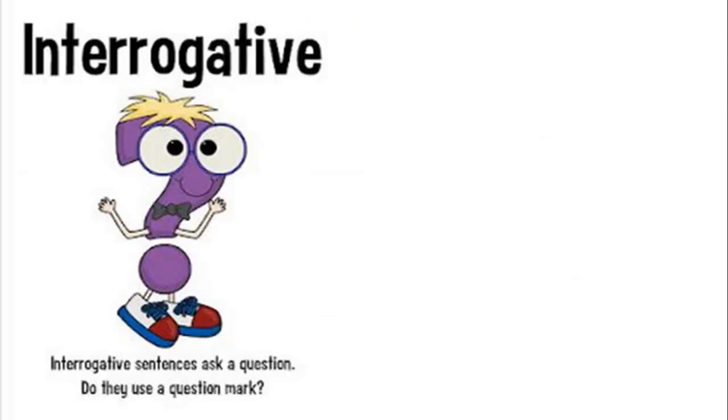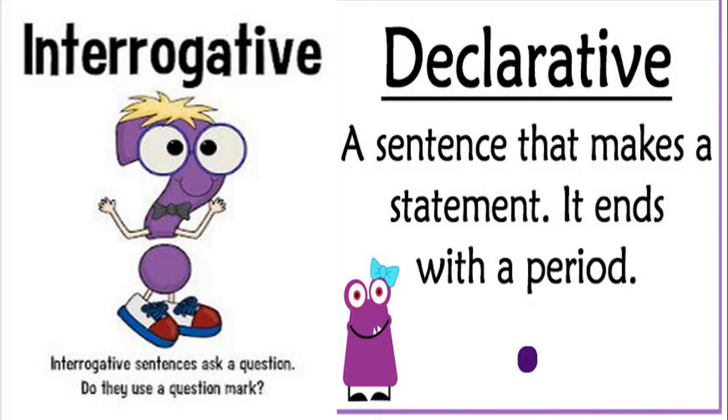Let's recapitulate what we have just studied. Interrogative sentences are used to ask a question, and they have a question mark in the end. Declarative sentence is a sentence that makes a statement. It ends with a period. Period means full stop. We also call full stop period.